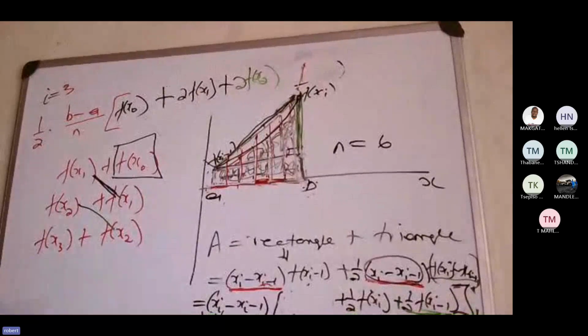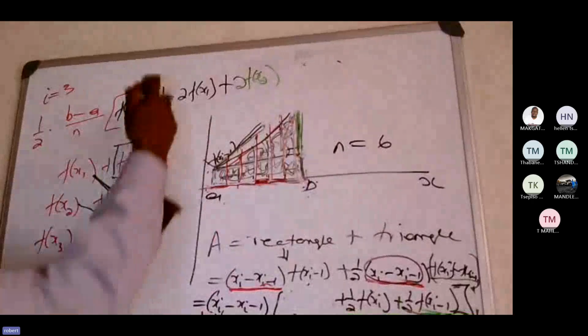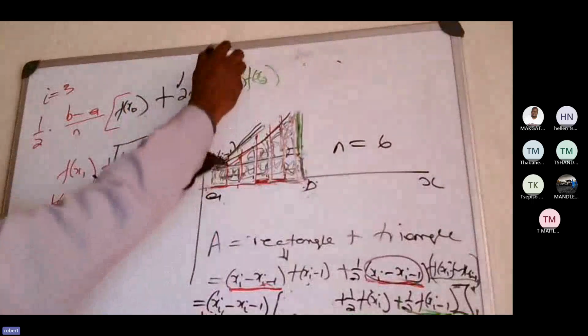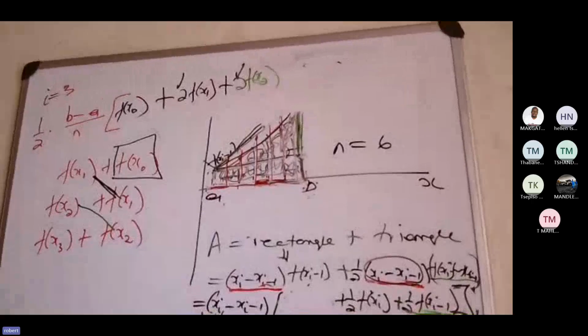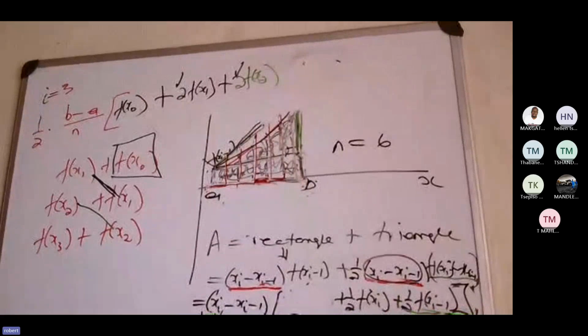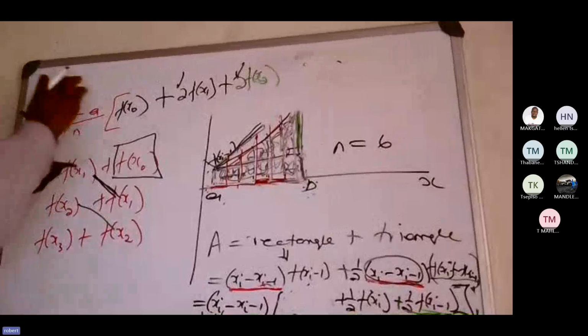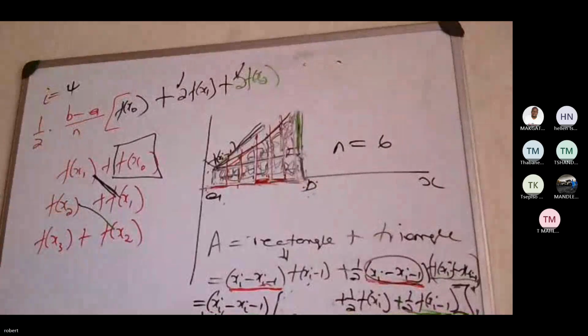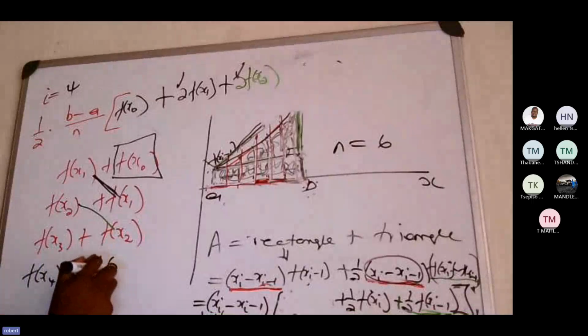Again, you see, this will continue. This 2 here, 2 here, it will continue in each and every term in the middle. Because if you say i is equal to 4, then it's going to give you f of x4 plus f of x3.